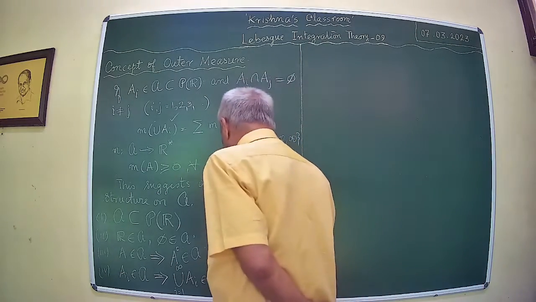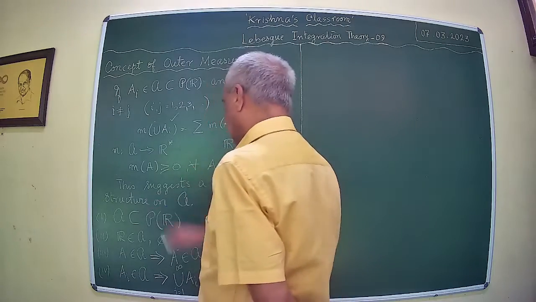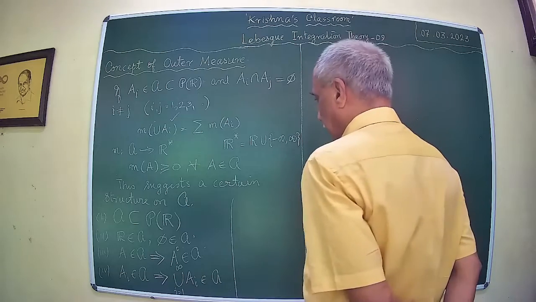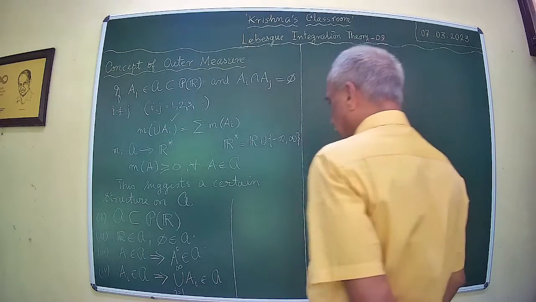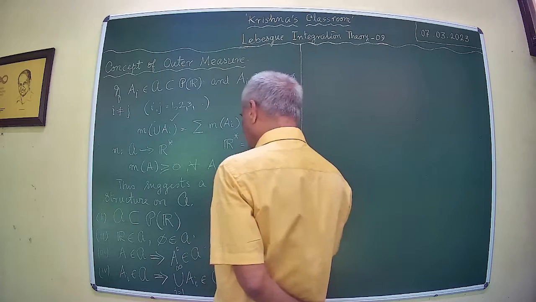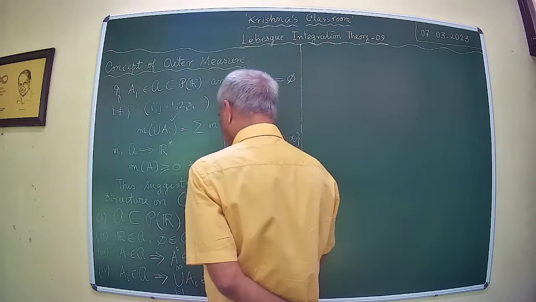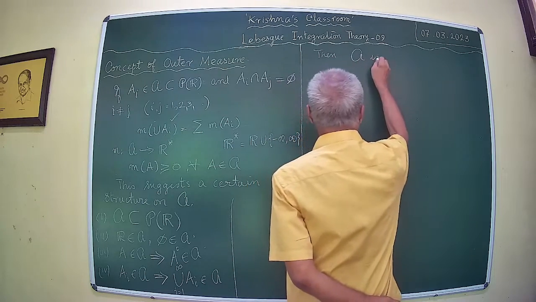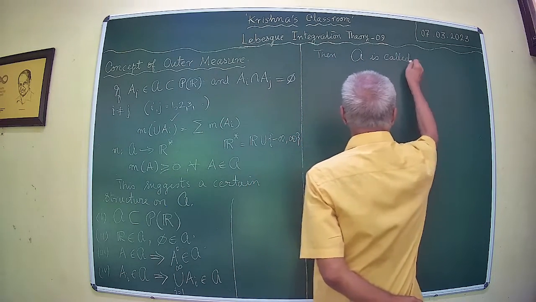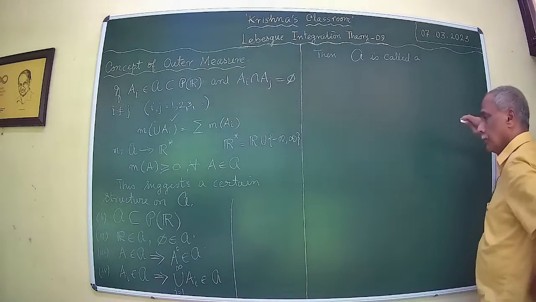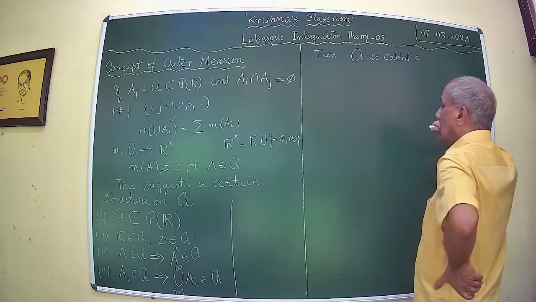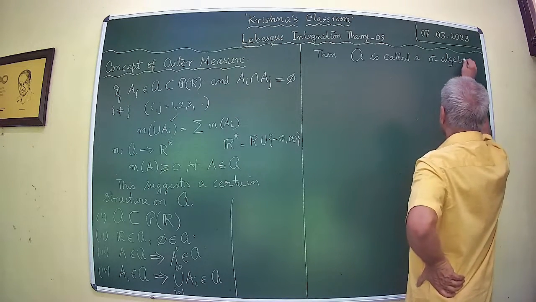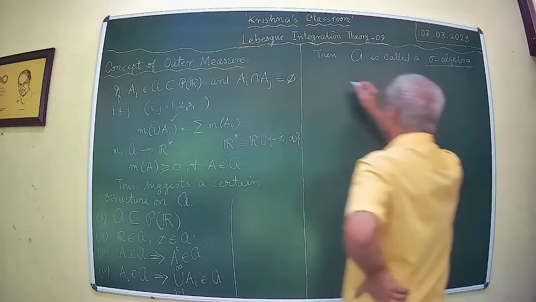Now, if all these properties are satisfied by this collection of subsets of R, then you say A is a sigma algebra of subsets of R.